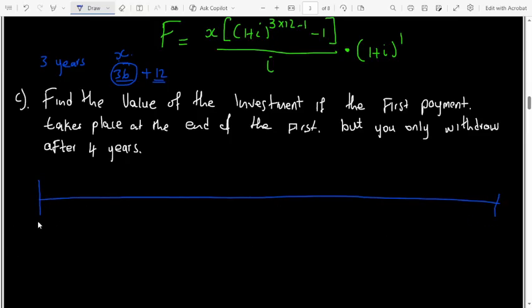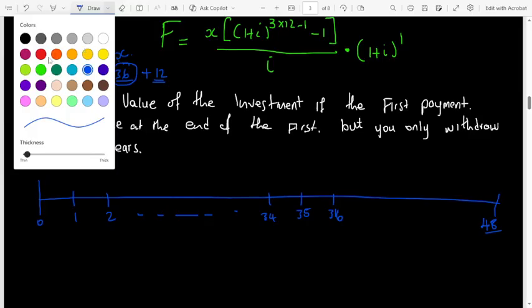So on my number line, this is 0. This will be my month 1, month 2, and so on, all the way up to month 34, 35, 36. At 36, we need to add an additional 12 months, so we're going to withdraw the money at month 48, because we're going to leave it for the remaining 12 months.